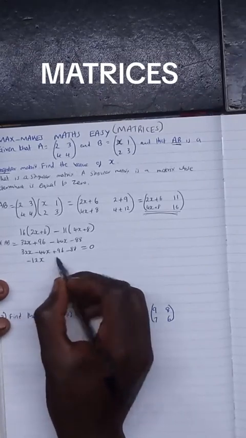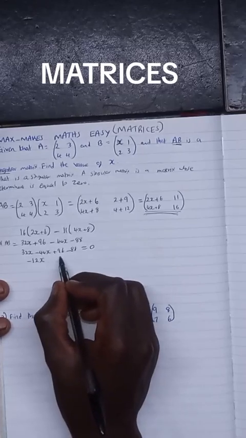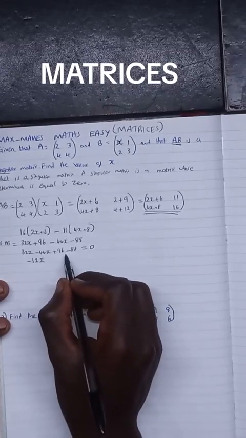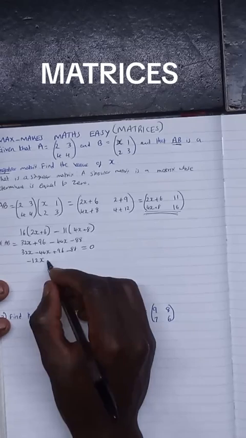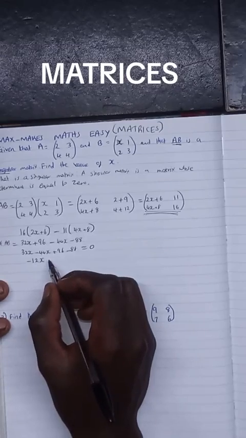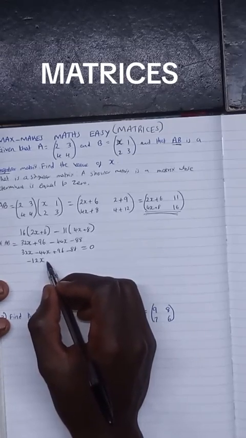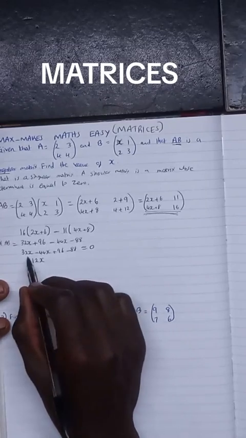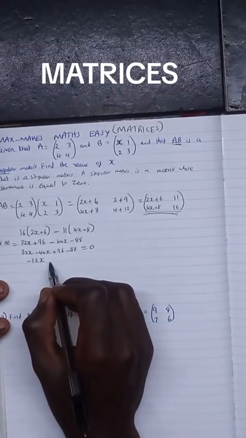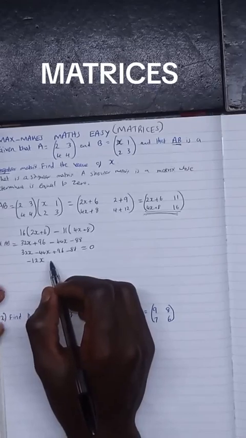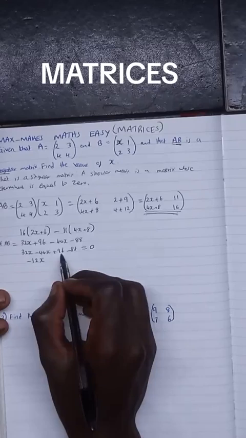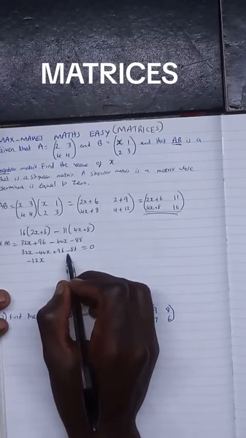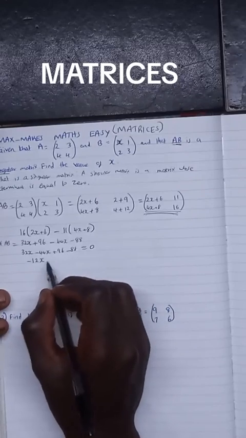Then 96 minus 88, you will get... I suggest that you use your calculators, so don't struggle with simple additions or subtractions. Calculators in examination rooms are allowed, so just use your calculator. So 96 minus 88, that is positive 8.